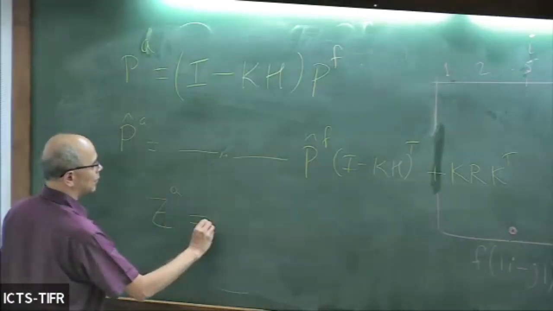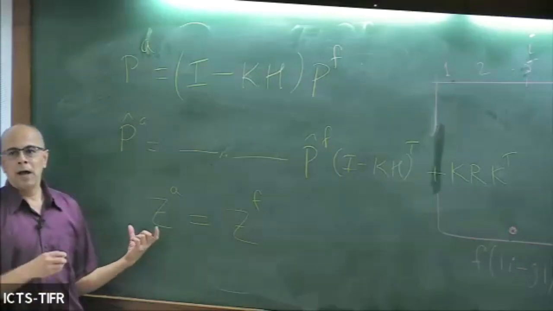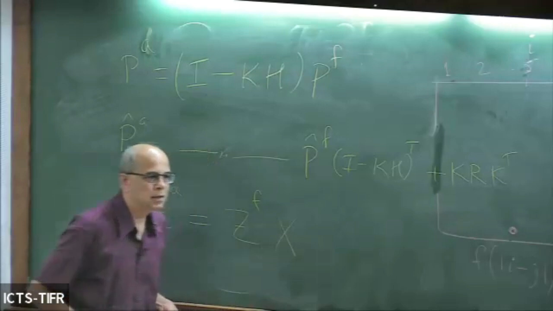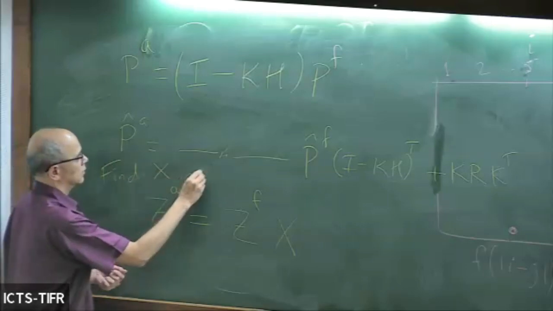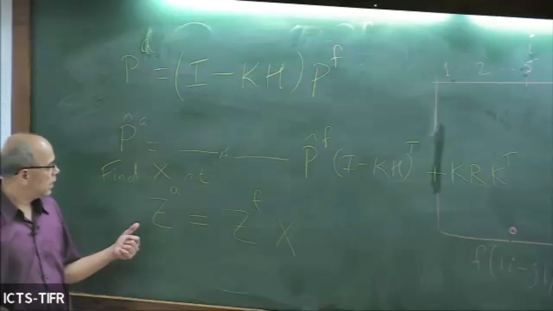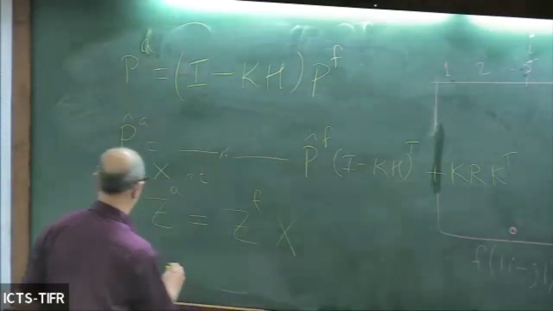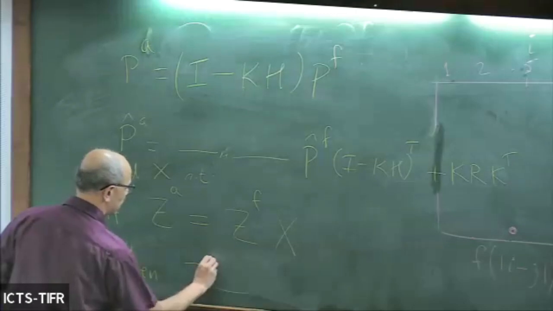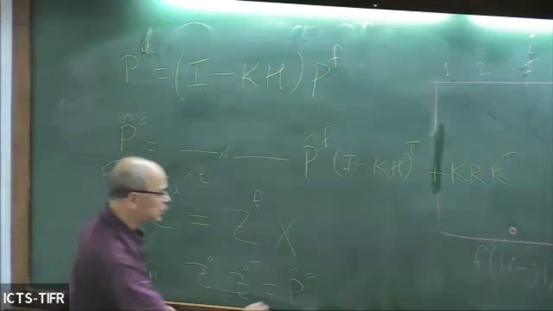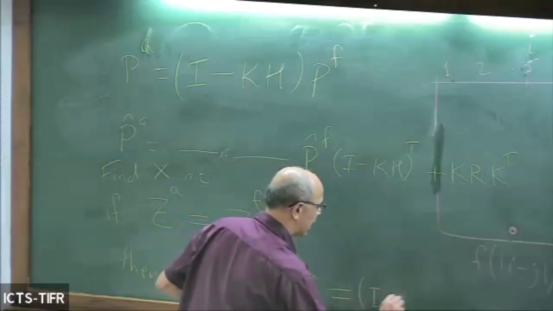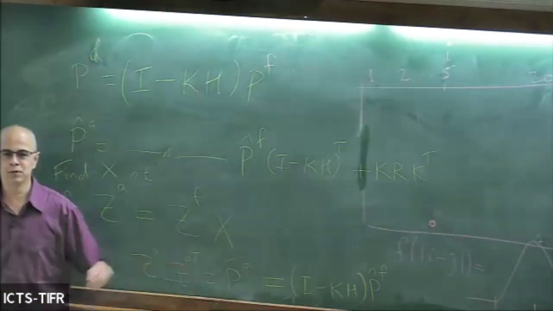You devise a transformation between the forecast ensemble and the analysis ensemble by some matrix X such that, if you set this to be the case, then Z^A Z^A transpose, which is basically P hat A, happens to turn out to be equal to (I minus KH) P hat F. So we want to find an X such that this is true, right?